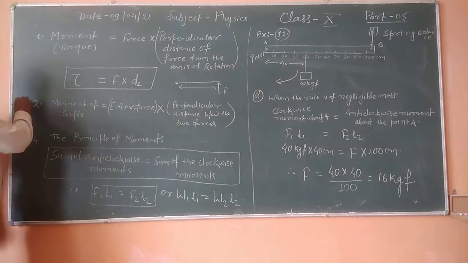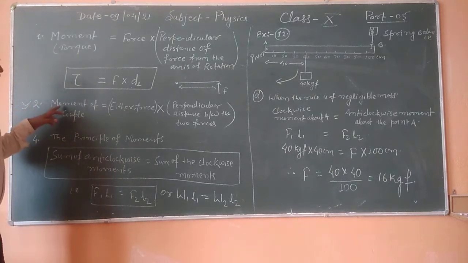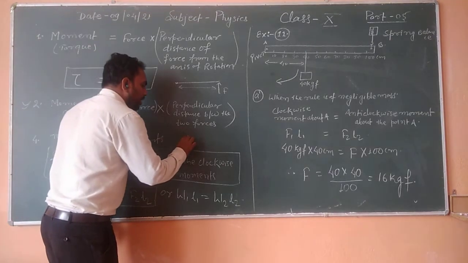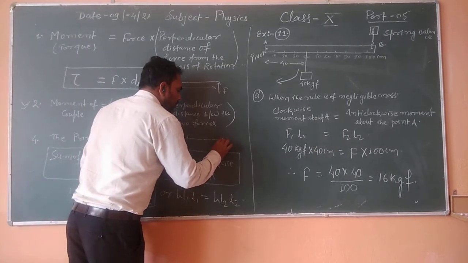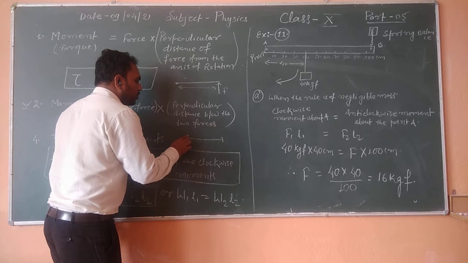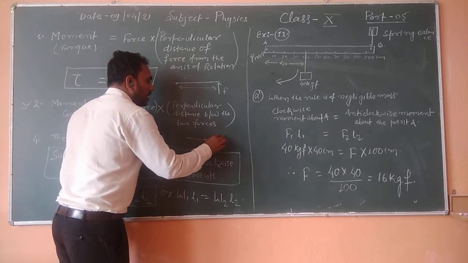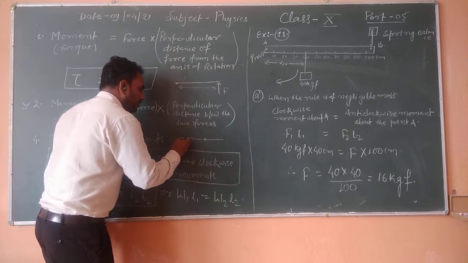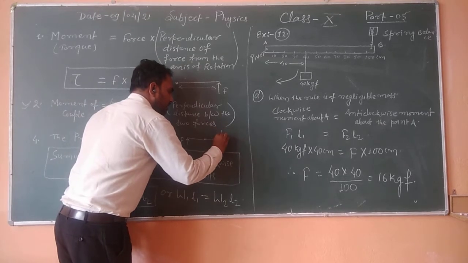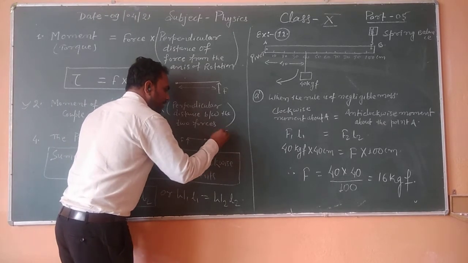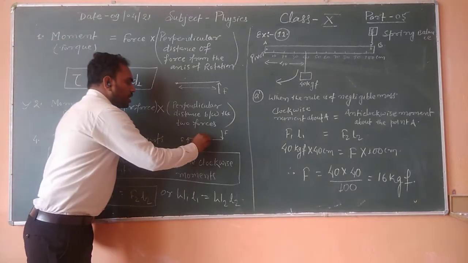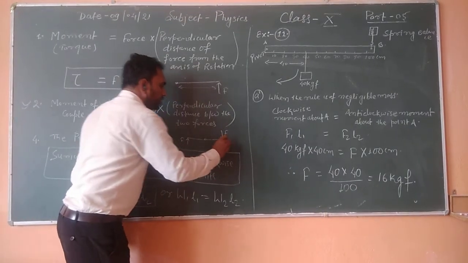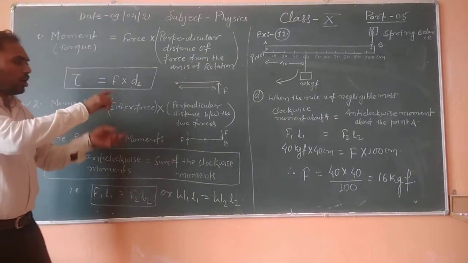In the second part, we have discussed the moment of a couple. If a rod is acted on by two forces that are equal and opposite in direction, one force F applied in this direction and another force of the same magnitude applied in this direction, the rod AB will start moving or rotating.